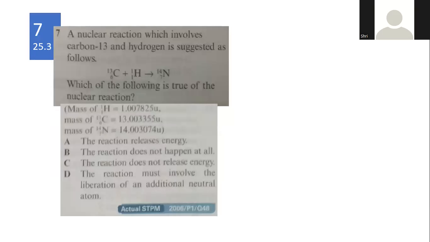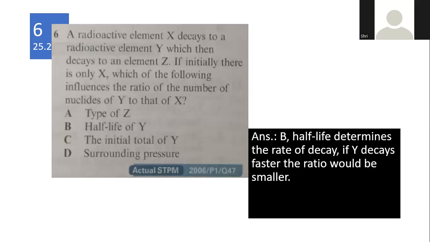Number 7, a nuclear reaction which involves... Yeah, go back. Teacher, do you think I can still do it? It's really up to you. As I say, it's hit or miss, if it comes out what you study, because you have not been putting in the effort.